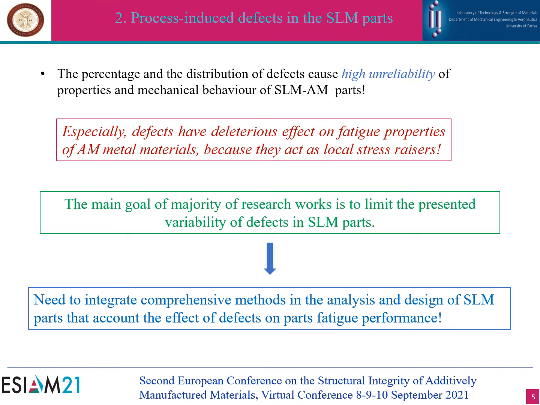The percentage and the distribution of defects cause high unreliability of properties and mechanical behavior of SLM parts. Especially, defects have a deleterious effect on fatigue properties of AM metal materials because they act as local stress raisers.